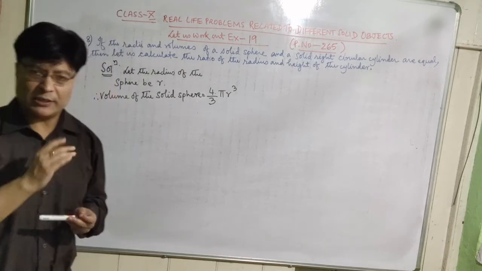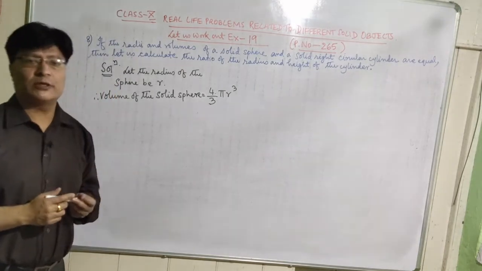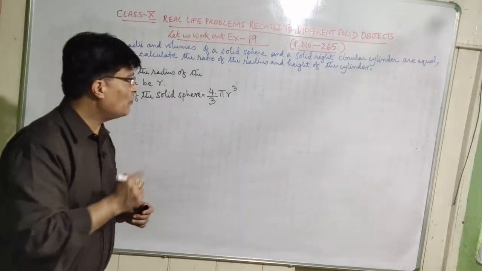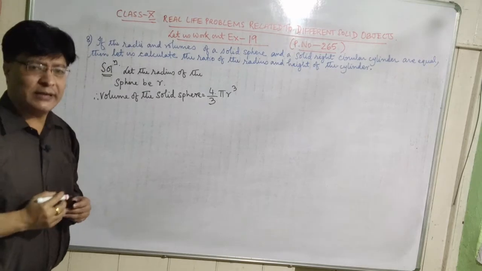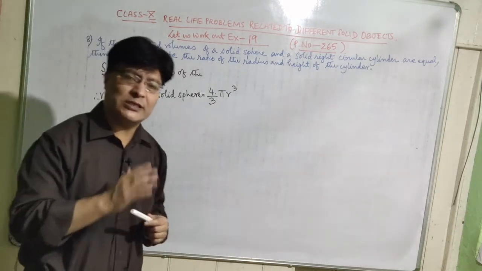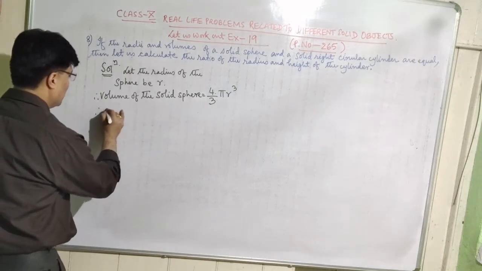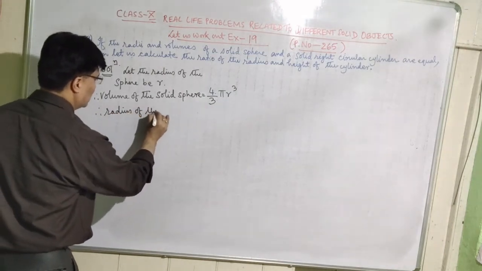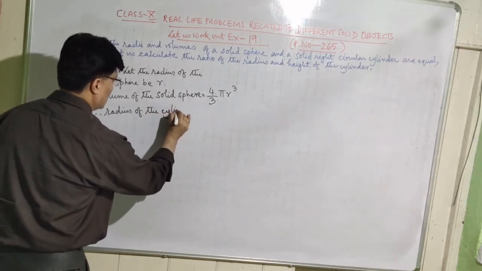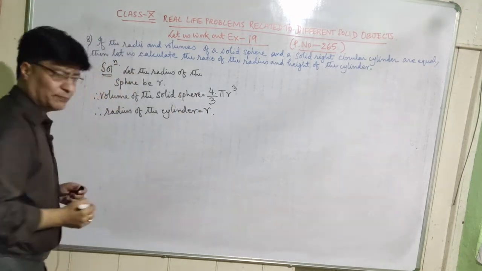So I think you have understood it. You should know the formula, right? So what is the volume of the solid sphere? It is 4/3 pi r cube. Now for the cylinder, radius is r again, because the radius of both the sphere and the cylinder are equal. So therefore, radius of the cylinder is equal to, this is also r.